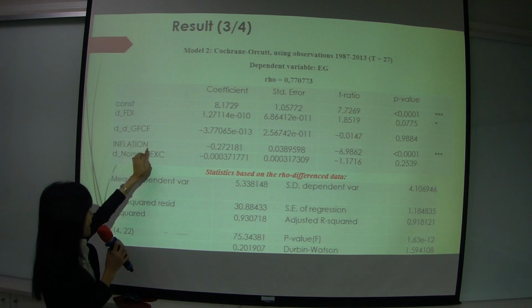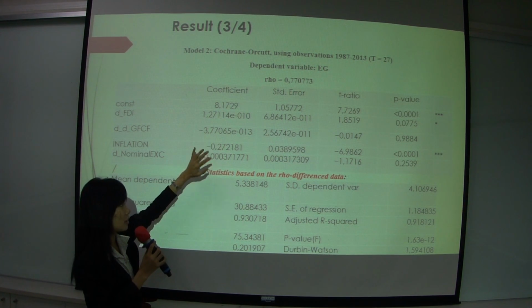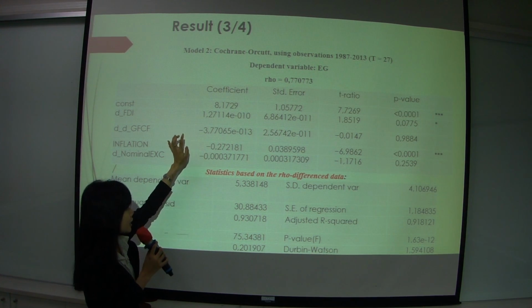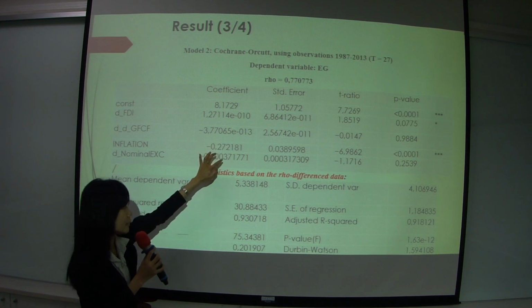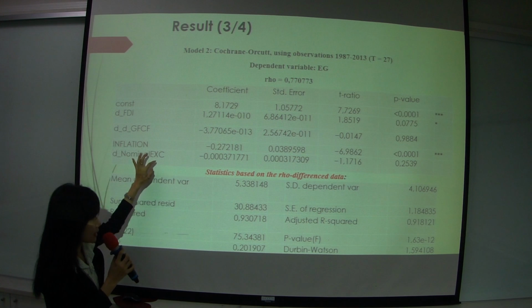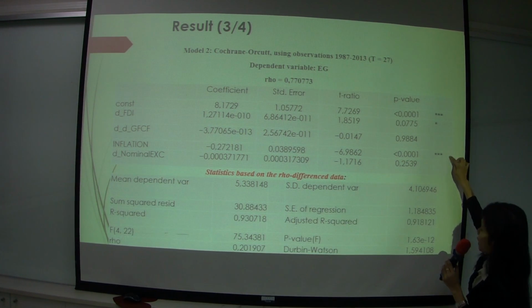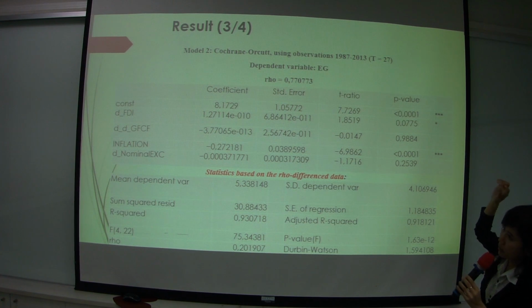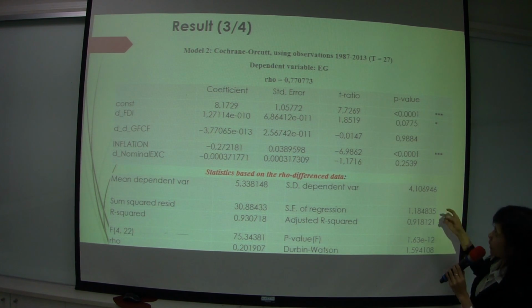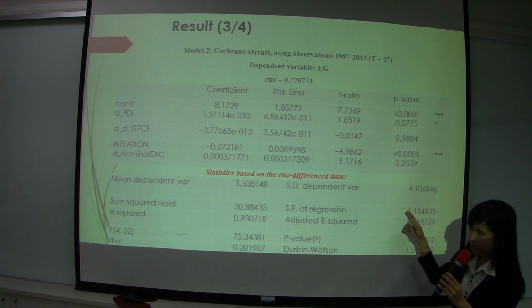So it means that a 1% increase in inflation will decrease the GDP by 0.27%, while GFCF and nominal exchange rate do not significantly affect the GDP of Indonesia. You can see here, no star sign.